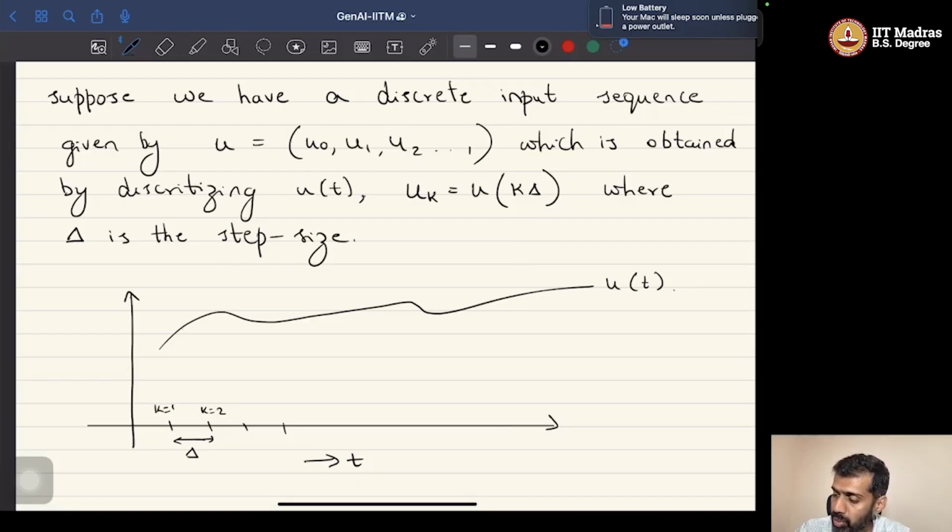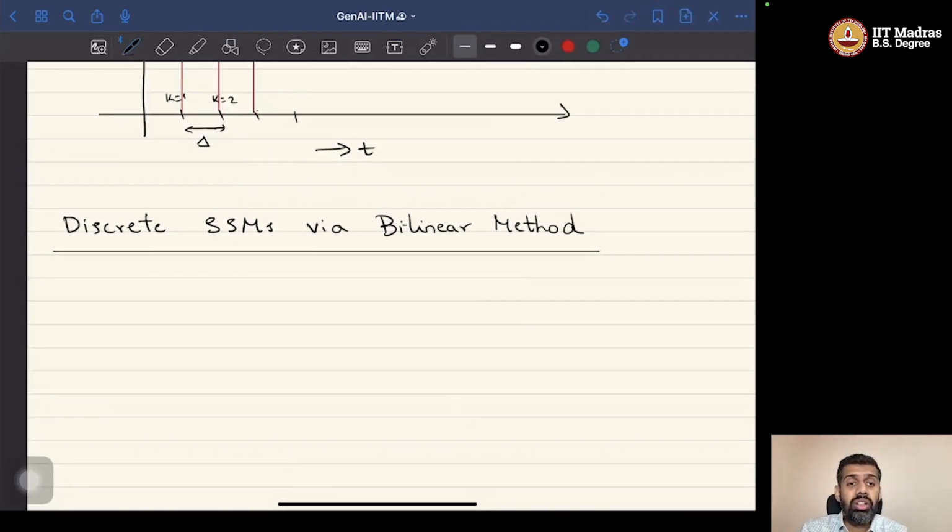At every step, what is considered is the value of the signal at that particular point. So this would be u0, this would be u1, this would be u2, and so on. So this is how one would discretize. Once the input signal is discretized, the underlying state space model also gets altered in the sense that the forms of the ABCD parameter matrices in the state space equations would get modified, and those will become functions of the time step delta.